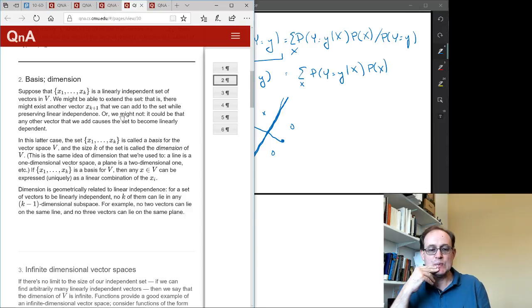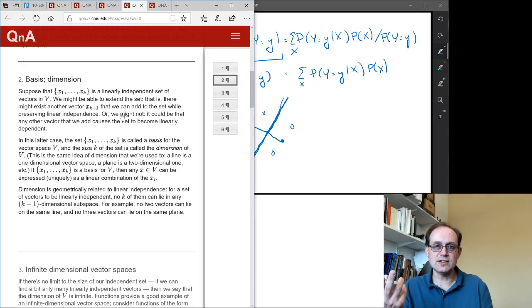And so in Rn, the dimension corresponds to exactly what we are used to having as a notion of dimension. For example, if we form the vector space as the span of two vectors, that's going to be a plane, a two-dimensional set.